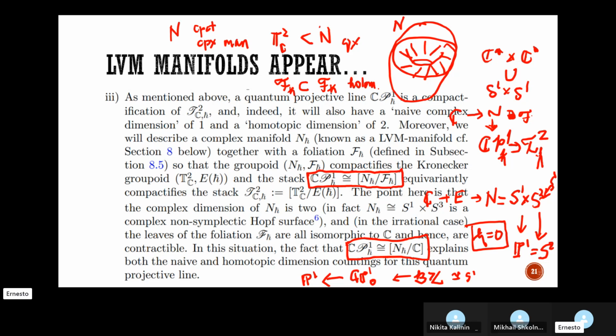I'm recovering P1 together with extra information. But it turns out that P1 always knew this extra information. P1 always knew its own second homotopy group. This is the second homotopy group of P1. And it always knew it.